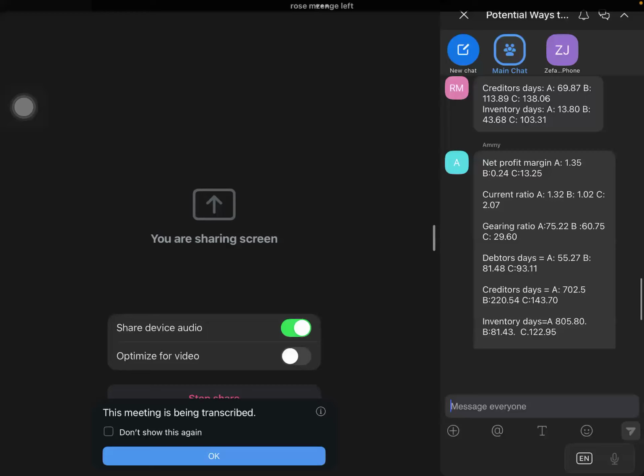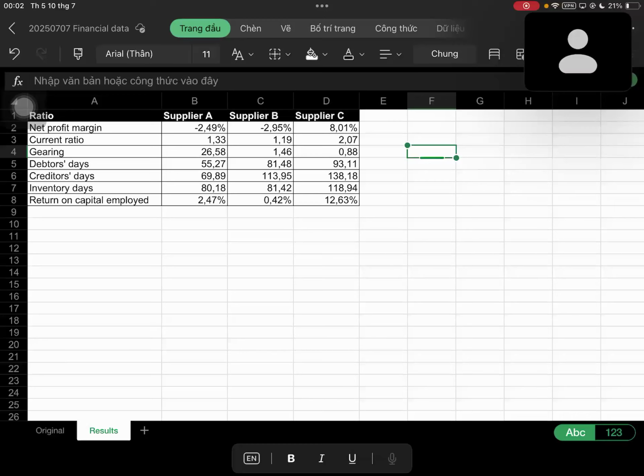As you can see, the net profit margin equals the net profit divided by revenue. That is B5 divided by B2, net income here and the revenue here.